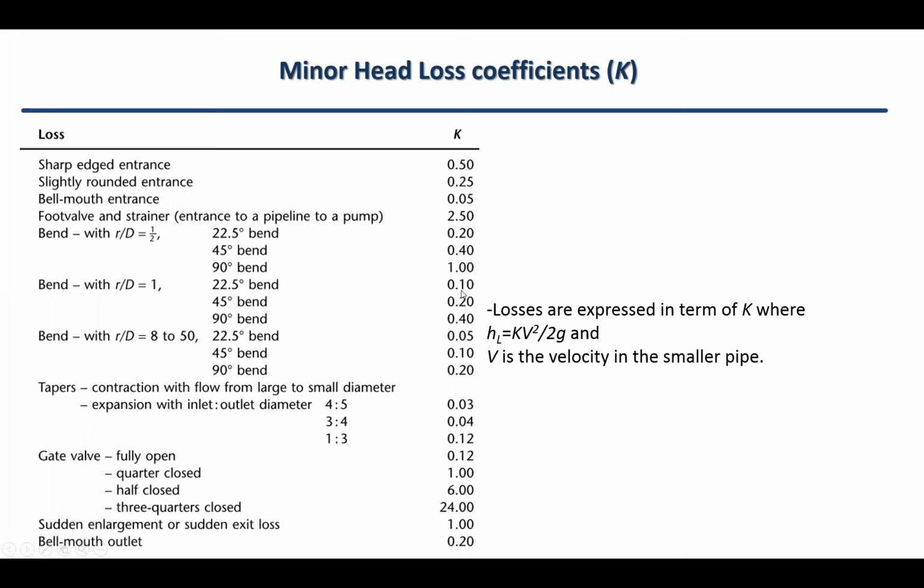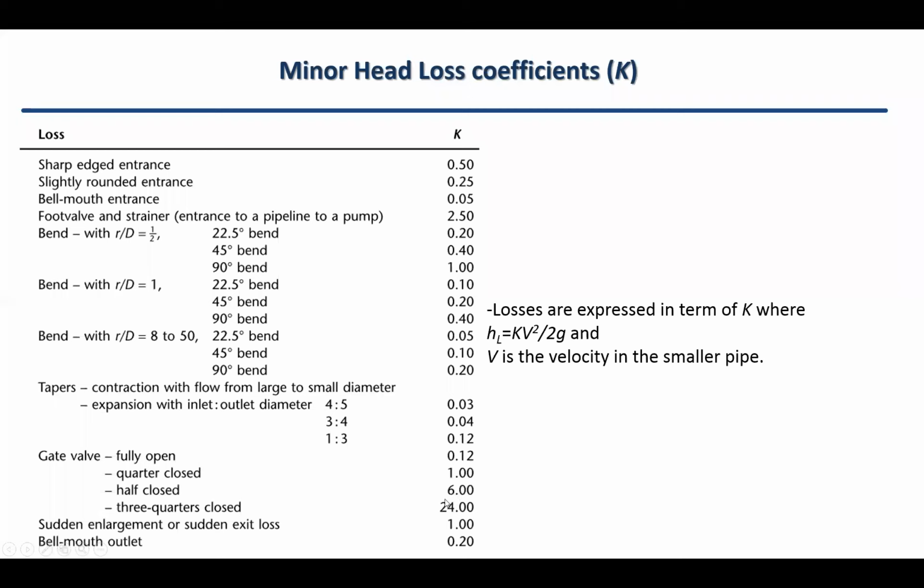Some of the values are less than 1, some are close to 1, and specifically for the gate valve, you can see the fully open case. If the gate valve is fully open, the coefficient, or the minor head loss, is as little as 0.12. For a quarter closed, or 3/4 open, the coefficient is 1.